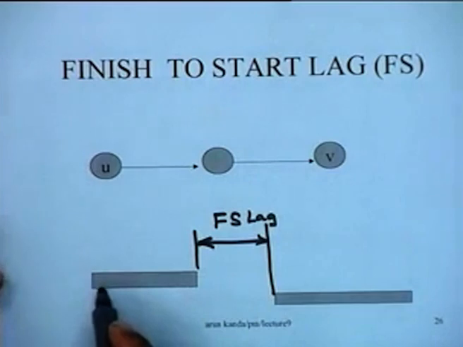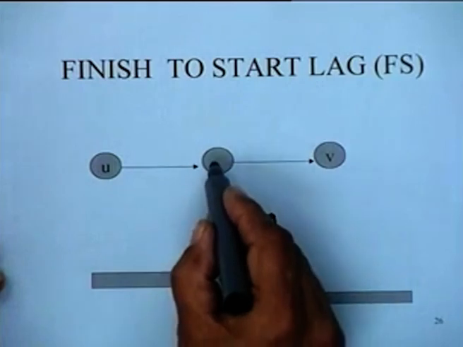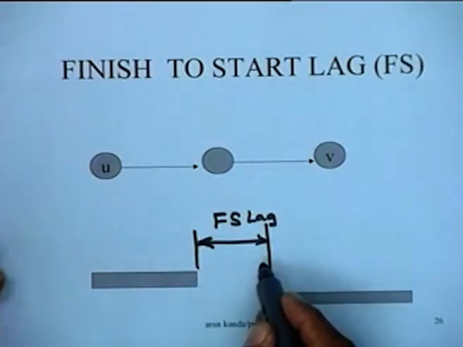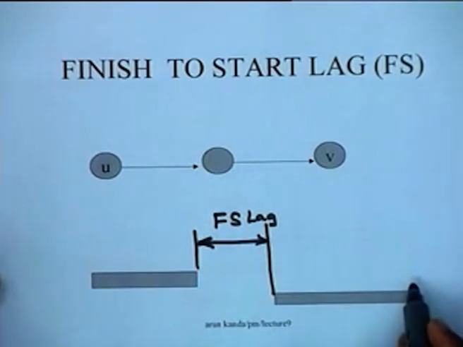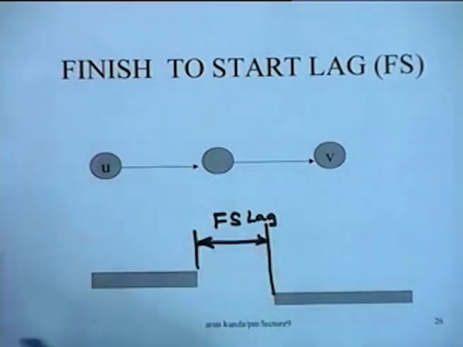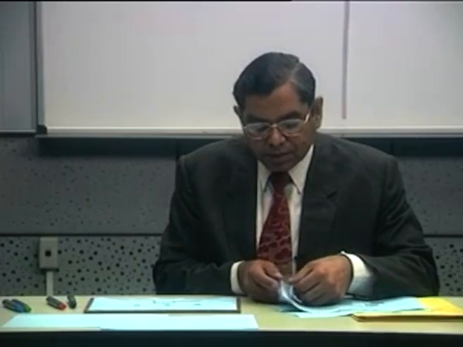Rather than introduce a separate activity, if you have finished this activity but you would like this to be heated, this to be cooled for a certain amount of time before you can do further operations on this, you can specify a finish to start lag for the activity. So these are the 4 kinds of lags which can be used, and we can in fact perform basic computations on the project network by using these kinds of lags.